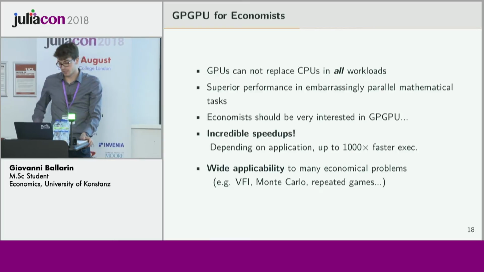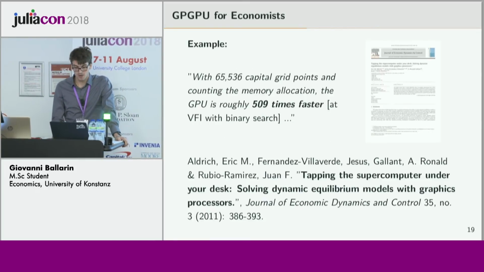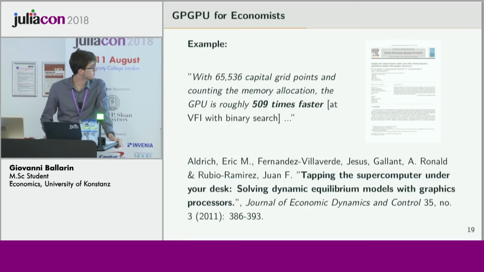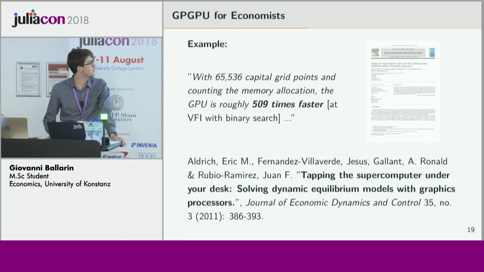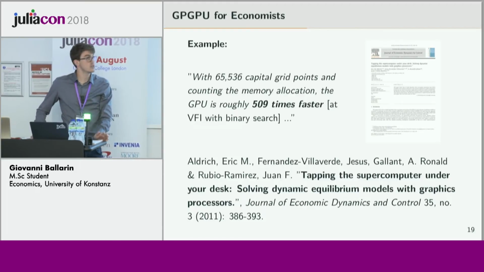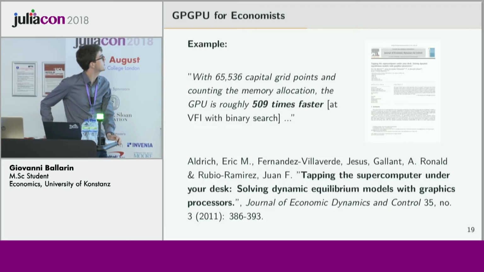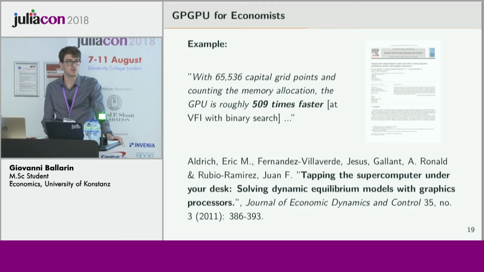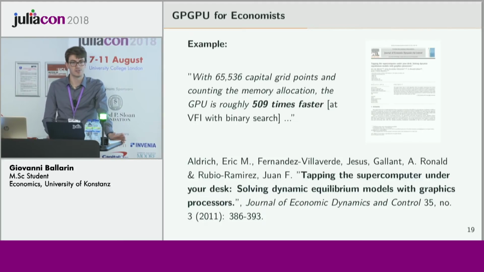Monte Carlo, repeated games, and the example I'm basing this talk and my work on is this paper from 2001, Topping a Supercomputer Under Your Desk, when they found that with 65,000 capital points, which is a lot for a capital grid, it's roughly 509 times faster, which is very good if your model is even a bit complicated.